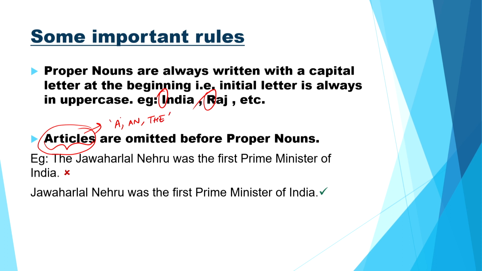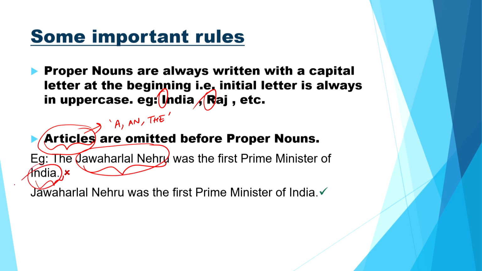Now, let us take an example. The Jawaharlal Nehru was the first Prime Minister of India. Let us first identify the proper nouns over here. As you can see, Jawaharlal Nehru and India, these are your proper nouns.